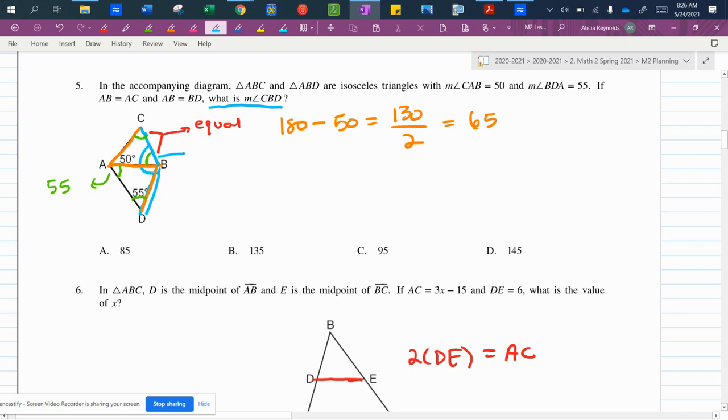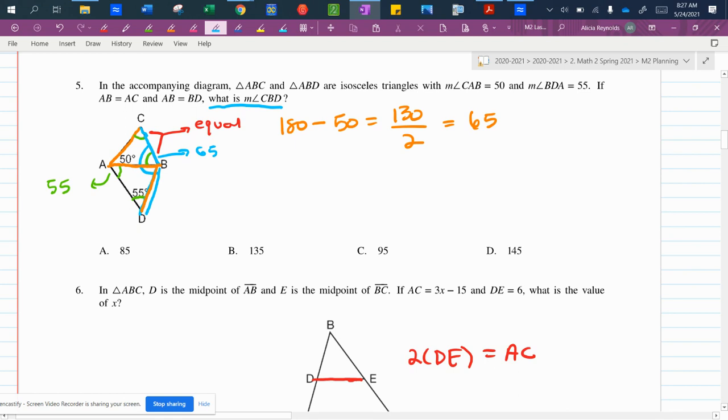And I know that this is 65, and I know that these 2 are 55. How do I find the bottom missing angle for B? The same exact way I did the other one.